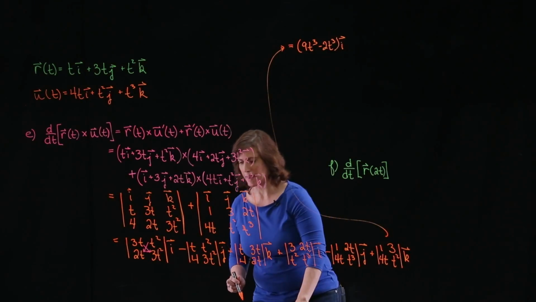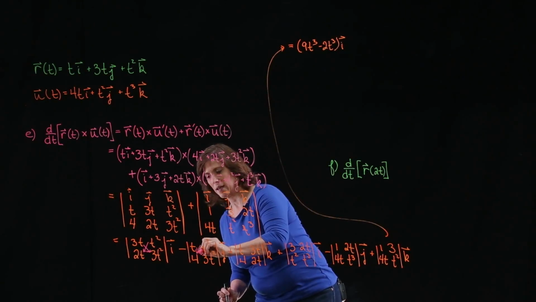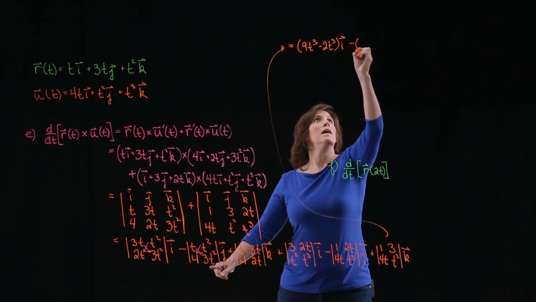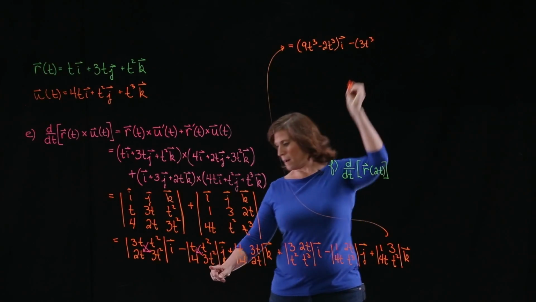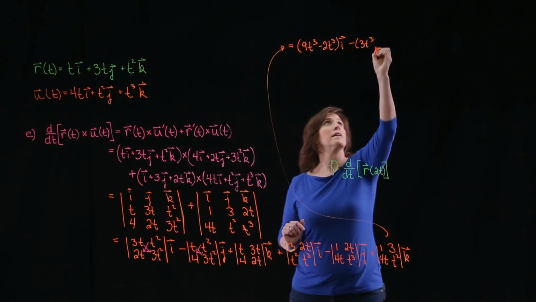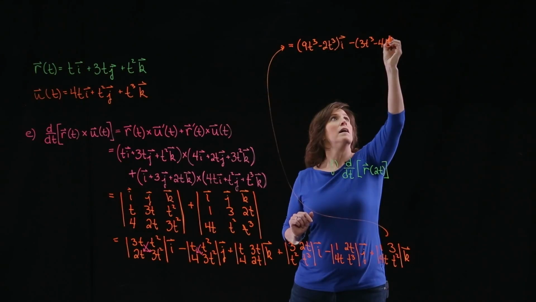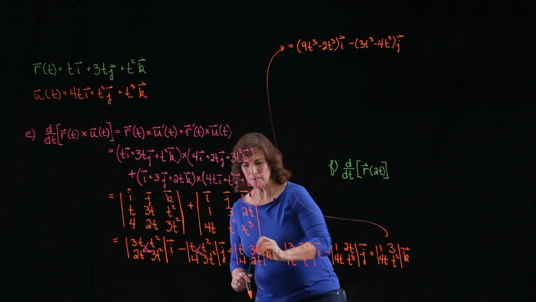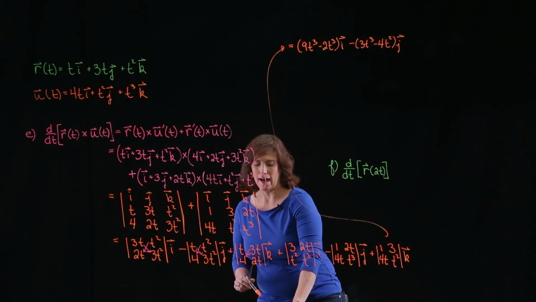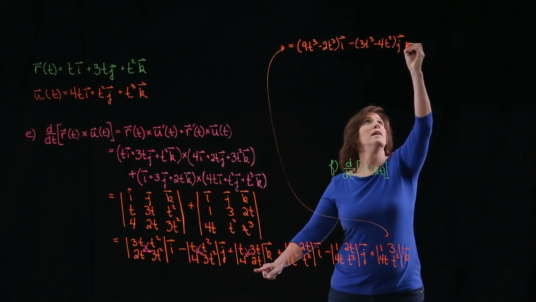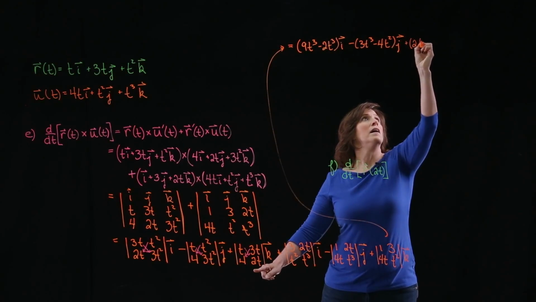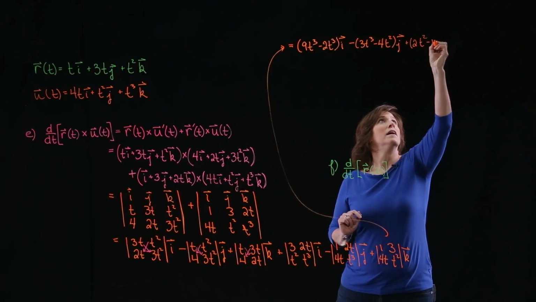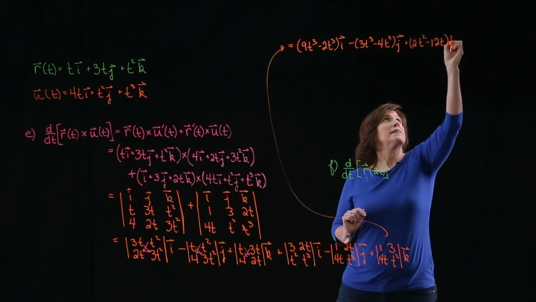For the next piece, again, I'm going to have a 3t cubed minus 4t squared times vector j. For the next one, I'll have a 2t squared and I'm going to be subtracting a 12t. And that's times vector k.